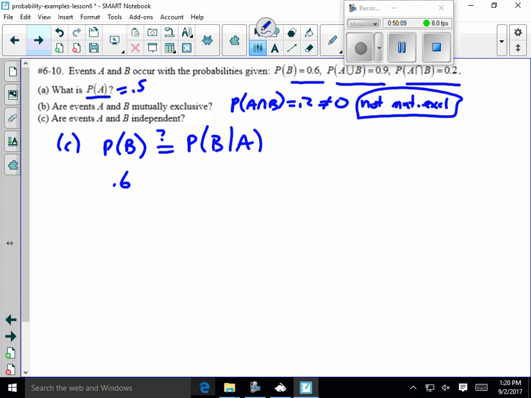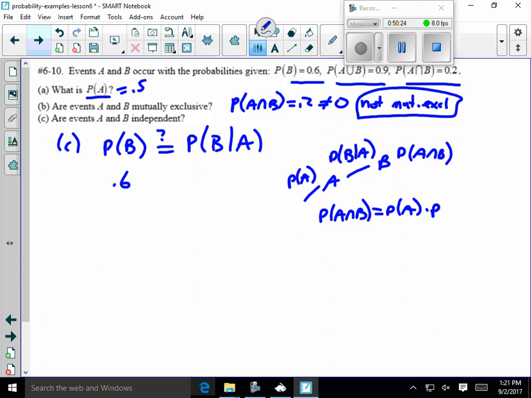This conditional probability, if I were to write it like A then B, this would be probability of A, probability of B given A, probability of A and B out here. So the probability of A and B is the probability of A times the probability of B given A. I know that the probability of A and B is 0.2.